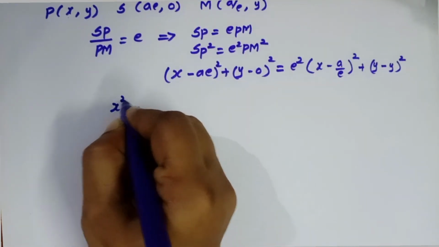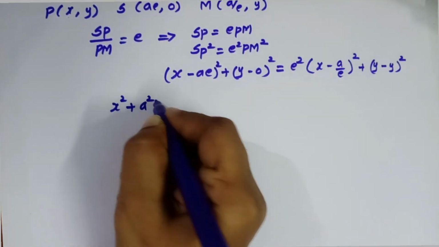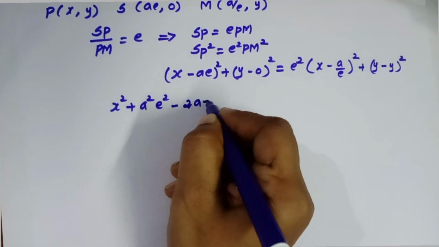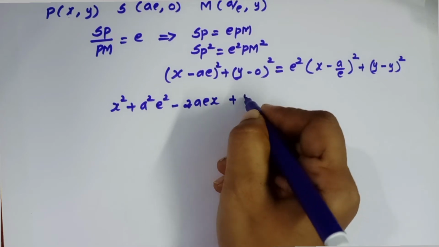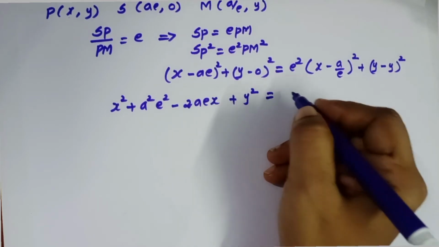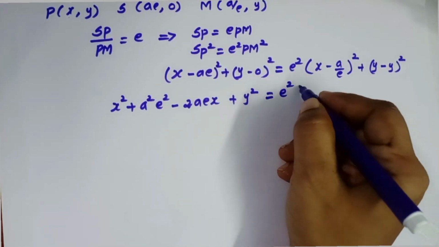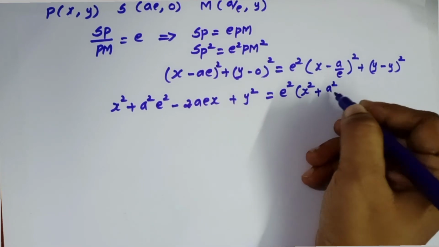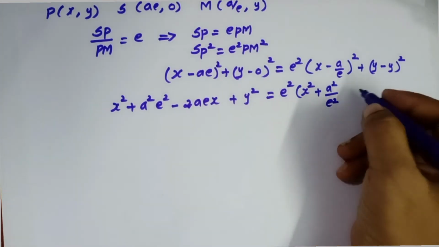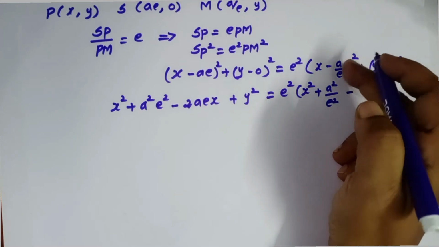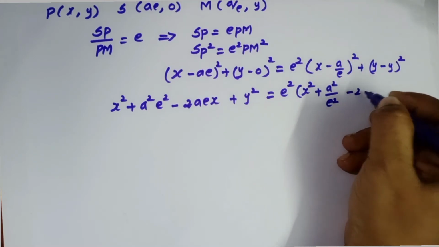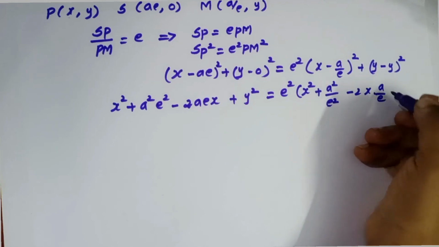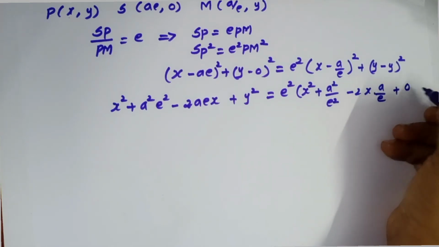So this is the (a minus b) whole squared formula. So you are getting x squared plus a squared e squared minus 2aex plus y squared, which is equal to e squared into [x squared plus a squared by e squared minus 2 into x into a by e plus 0].